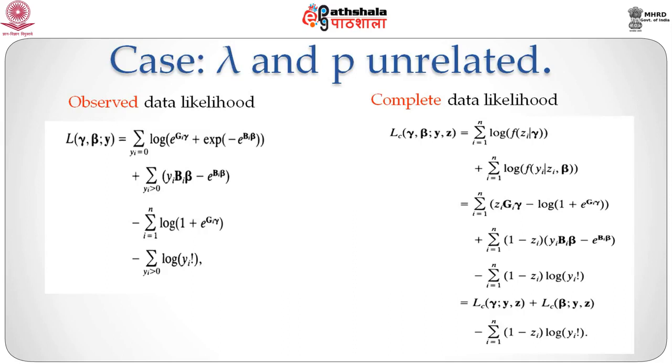So this is equal to assuming that we have observed another covariate Zi, which is equal to 1 when yi is from the perfect zero state and Zi equal to 0 when it is from the Poisson state. So if we had information on Zi, the likelihood would be given by what has been termed the complete data likelihood, and this is given on the right panel on this slide.